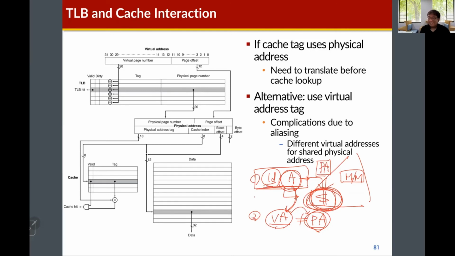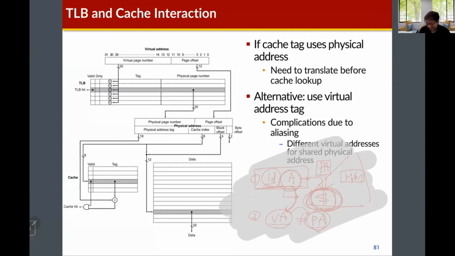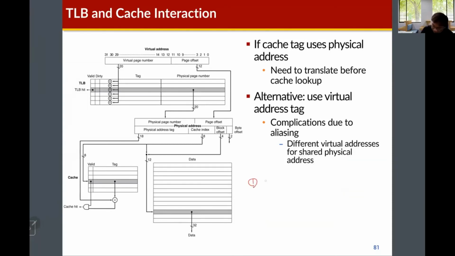Do you understand? So when the load instruction is executed, load A, this is the virtual address. This virtual address needs to be translated into the physical address of A. And then with this physical address, we need to access the cache. Okay.